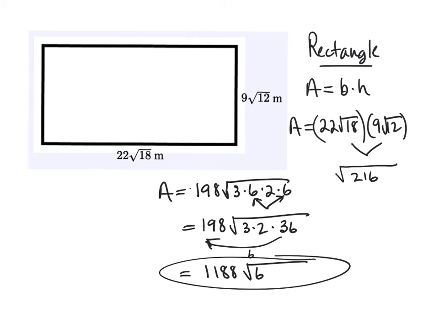If you go to Mr. Caldwell's classroom and you click on the resources link and find the Google Sheet factor table, and you enter 216 as the number, you will eventually then figure out that 216 divided by 36, it would have been 6 times 36, which would have made it 6 radical 6. And then I would have taken 6 times 198 and still got 1,188 root 6. So this is my answer.